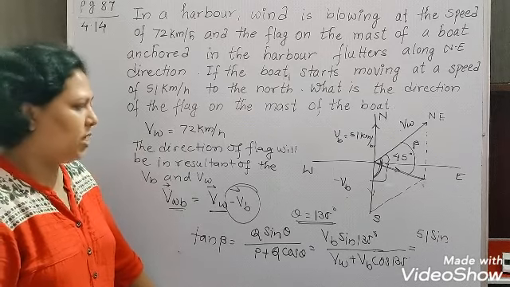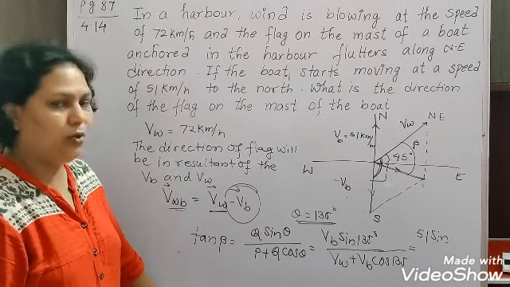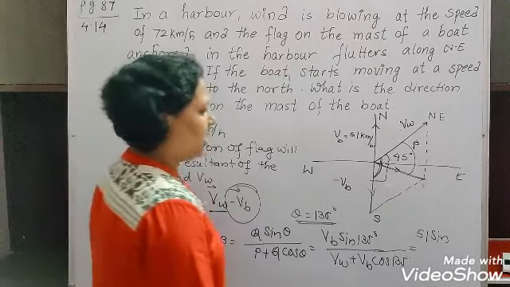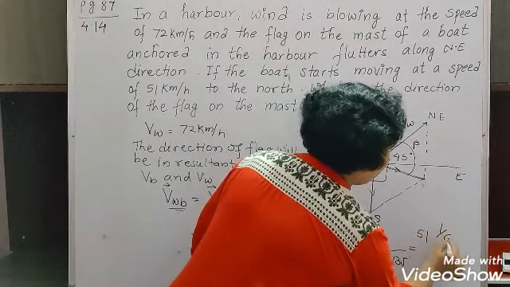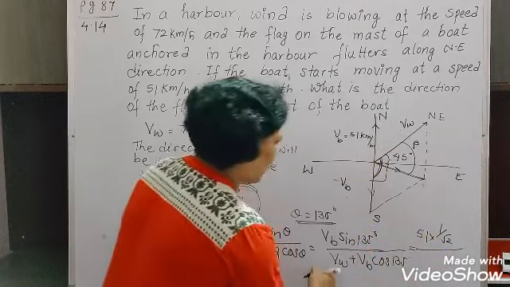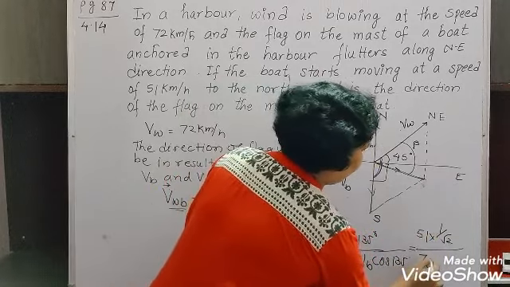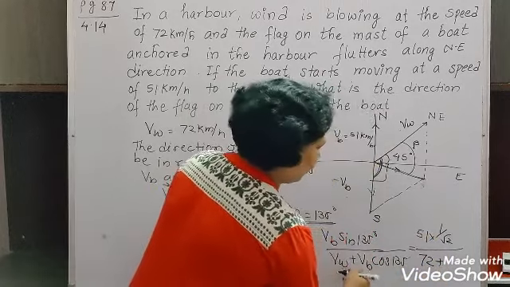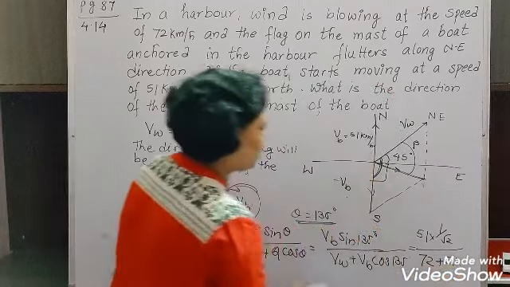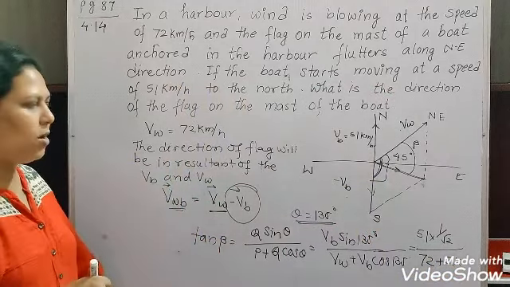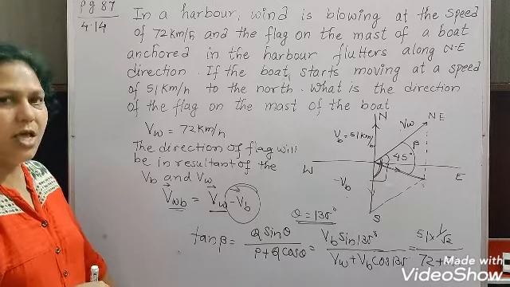Okay, so this way you will get a positive value, and it will be equal to 1 upon root 2. Here you will find that VW is 72. Then once again VB is 51, and cos 135 is in the second quadrant, and in the second quadrant cos is negative.